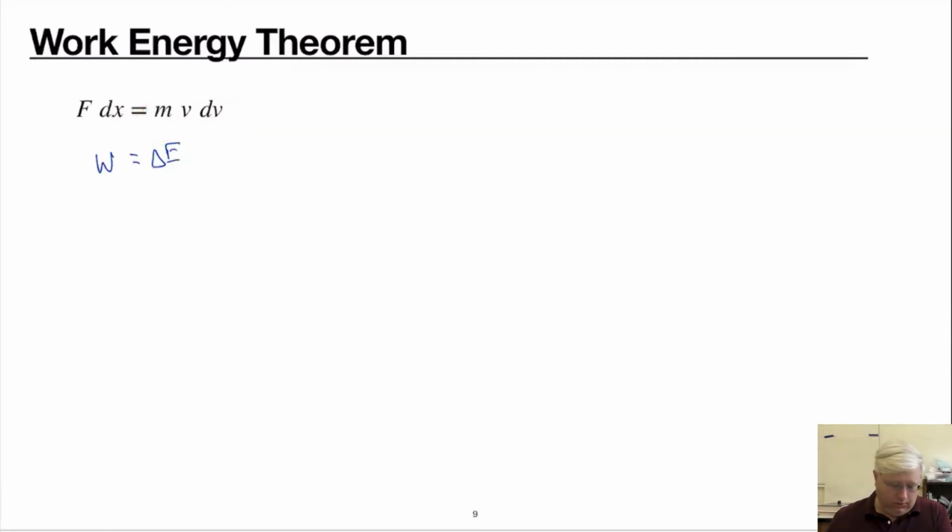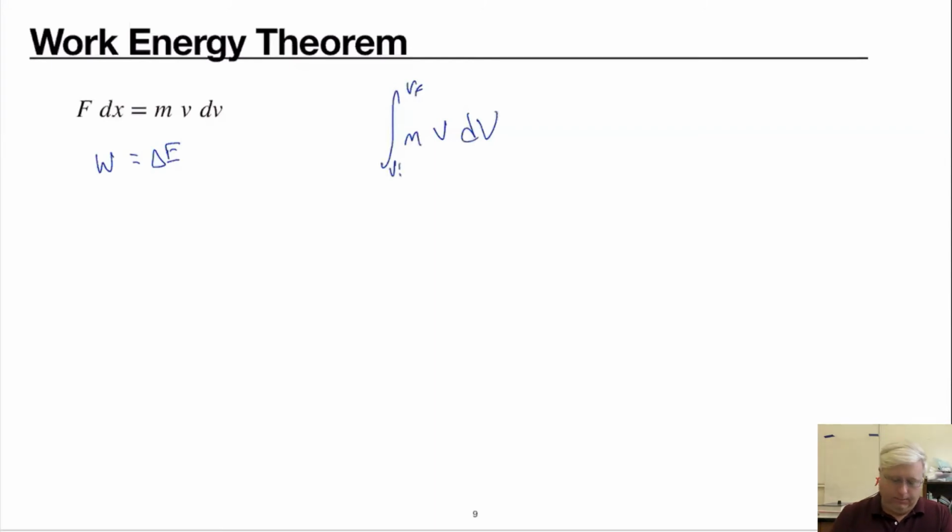This is just a couple ways to write the work energy theorem. Again, if the force is changing, then the velocity is changing, so we'll have to use an integral to find the sum. So we'll look at that right side now: the integral of m v dv, from some v initial to some v final.